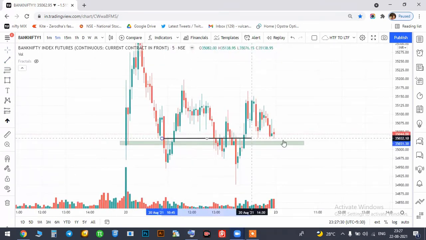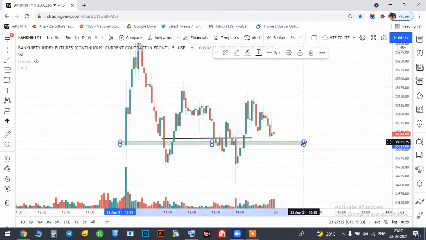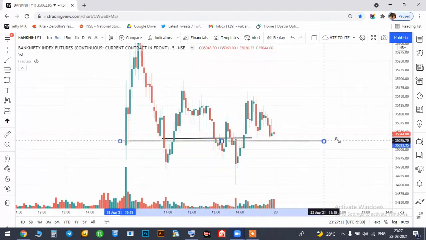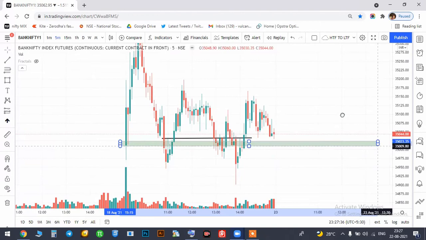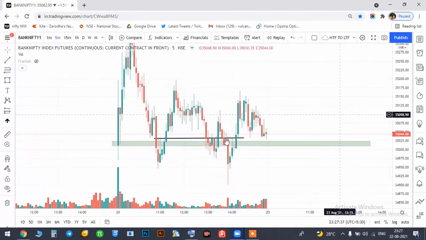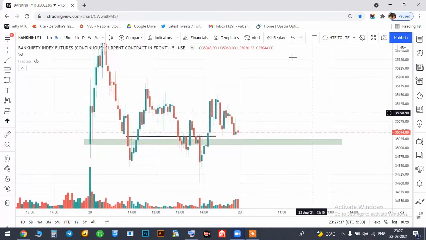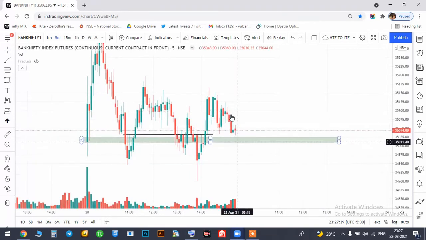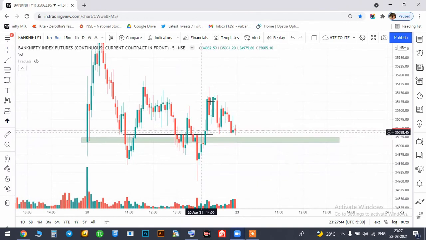But see how price is moving around my zone, and as long as price is above my supply zone, I will not short the market. Simple. Here it breaks down, but again comes back.